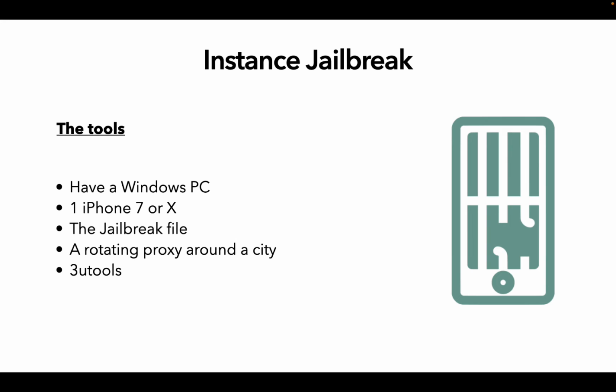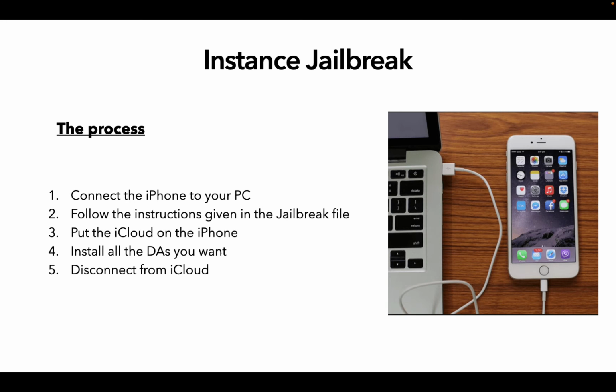A rotating proxy around a city with an excellent trust score, so you're going to have to do some testing on different proxies to see which one is the best, and test it with an IP checker, and 3uTools, which will be directly on your Windows PC and which will allow you to fully configure your iPhone X, but also to use your iPhone X from your PC. So what's cool about this method is that you'll be able to use your iPhone from your PC and delegate it more easily.